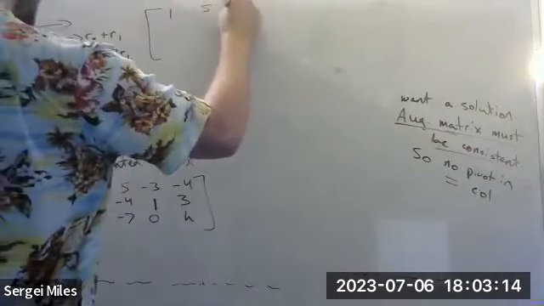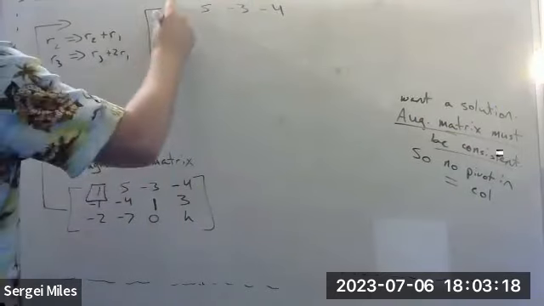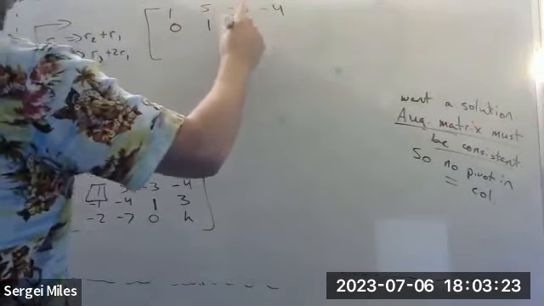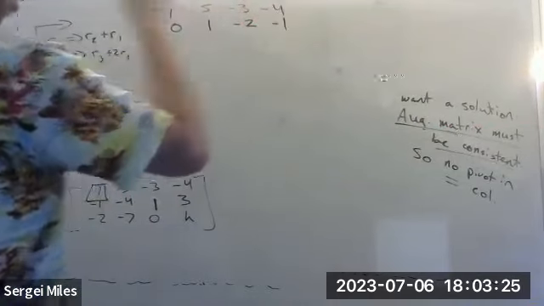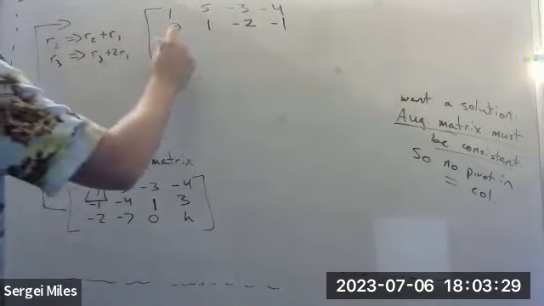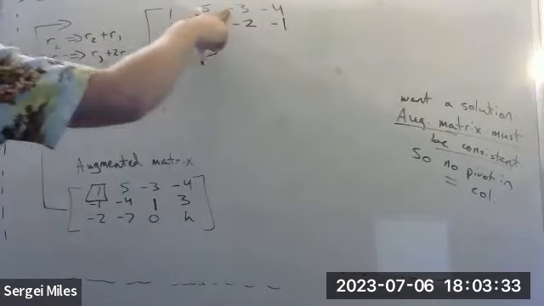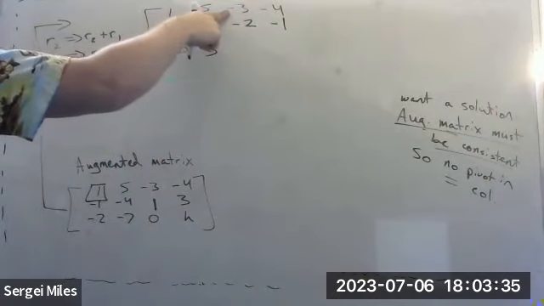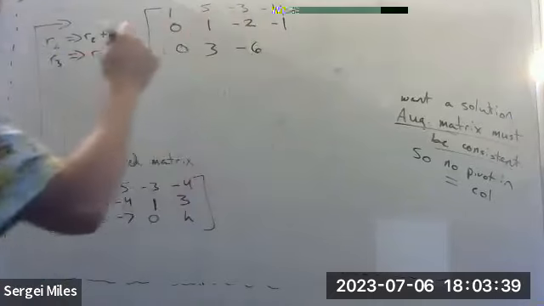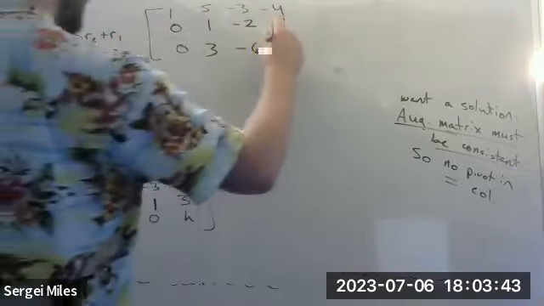But now, when we do this, we're going to get 0, 1, -2, -1. 1 times 2 is 2. 5 times 2 is 10. 2 times -3 is -6. And 2 times -4 is -8.